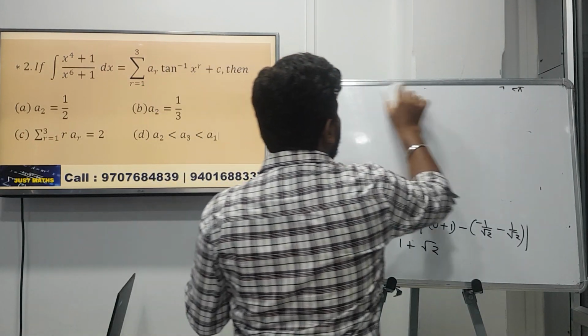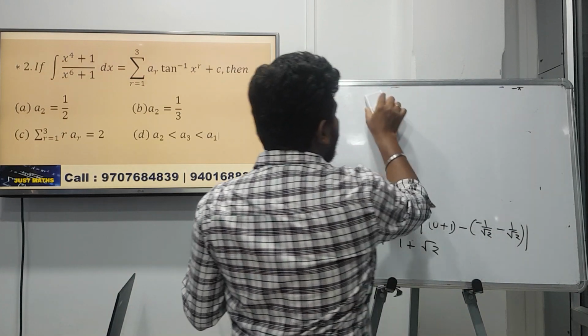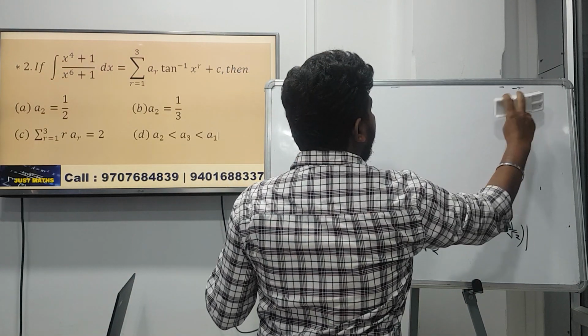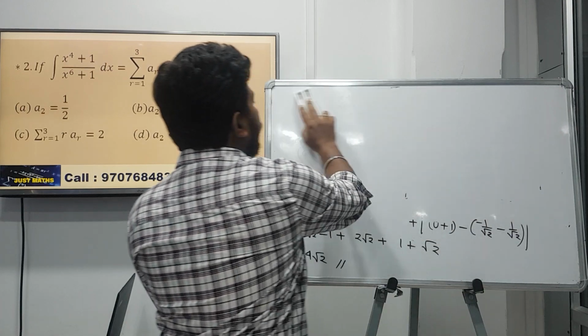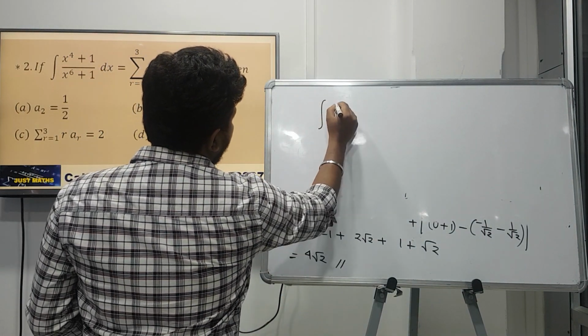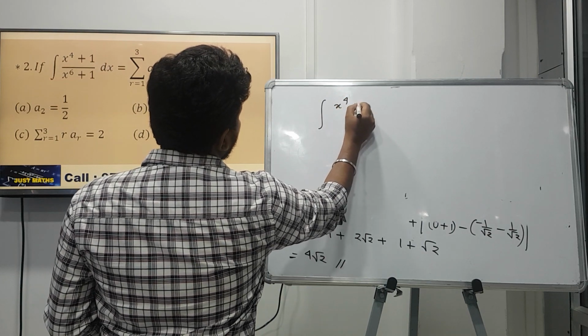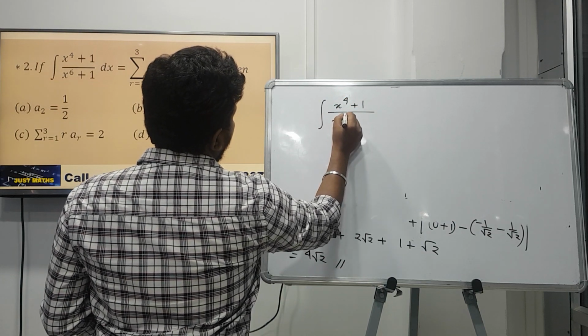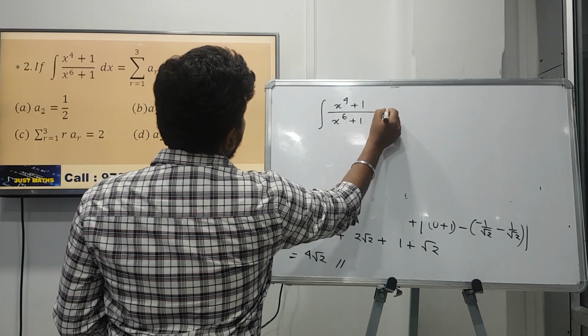Now, how to solve it? We'll integrate this. You are given (x^4 + 1) divided by (x^6 + 1) dx.